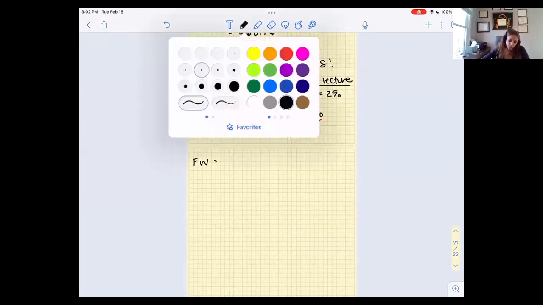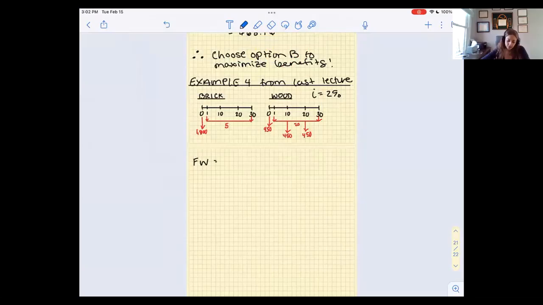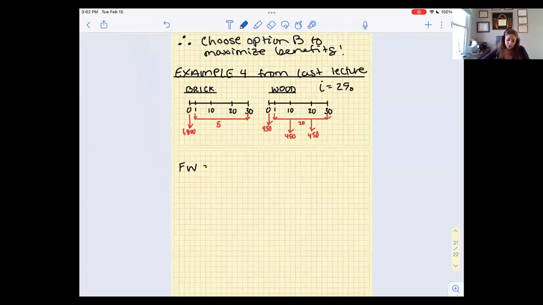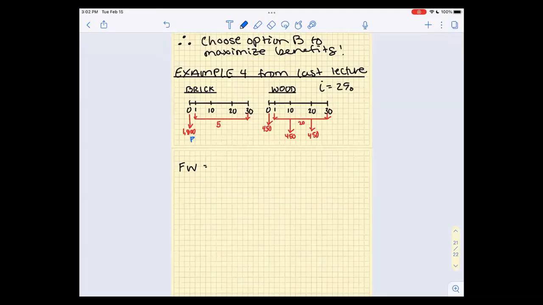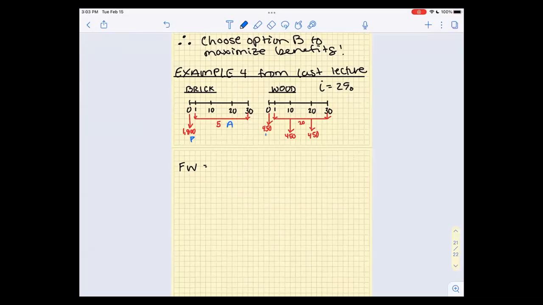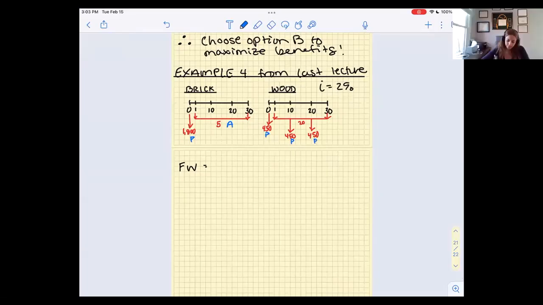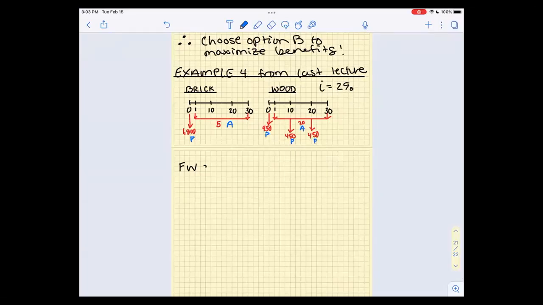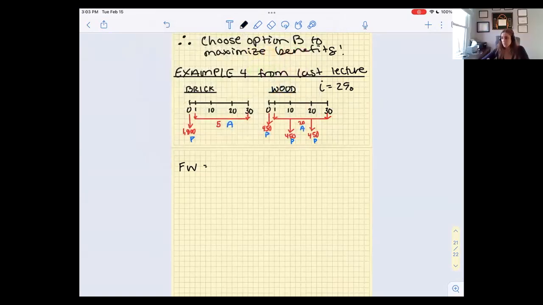What could be helpful for a lot of you is to label what we have so far. Looking at that brick, what is the 1800? What letter is that? P, A, G, or F? P. How about the 5? A. How about the 450? P. The 20? A. We want F though because we're doing future worth.